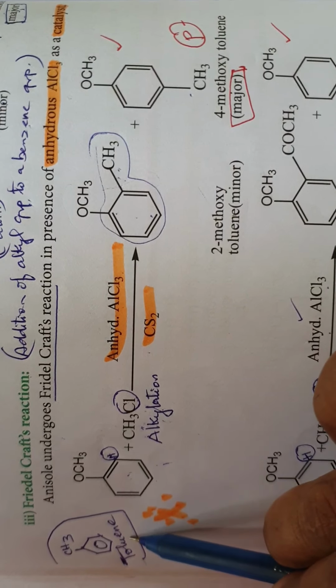So this methoxy group along with toluene, in the second place, carbon atom 1, carbon atom 2, gives 2-methoxytoluene. And this one, 1, 2, 3, 4, is 4-methoxytoluene. Both these compounds are formed. As usual for anisole, the para position product will always be the major product.